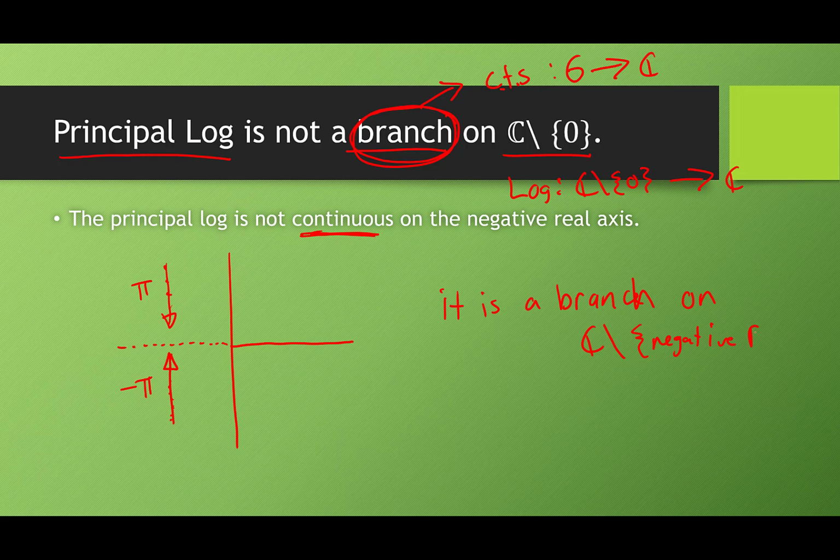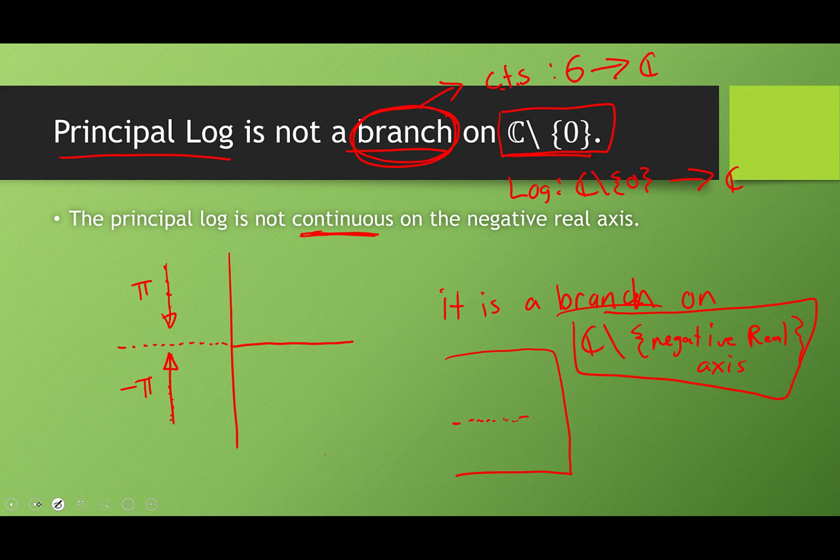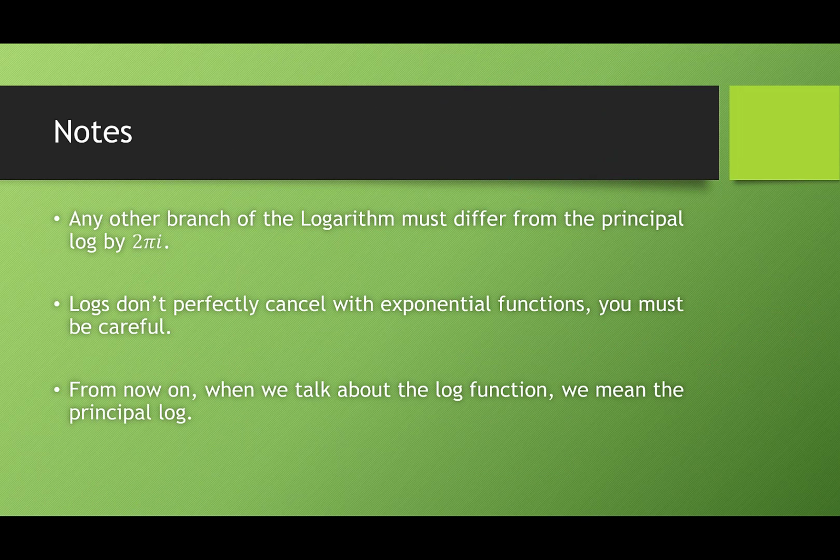Okay, so our principal log, not a branch on its full domain, but if we restrict its domain to C less the negative real axis, then we don't run into this issue where we have arguments going to pi and arguments going to negative pi. We get rid of this. And so it's actually a branch on, kind of like what I drew before, all of C except for the negative real axis here. Okay. Kind of cool. So a couple of notes on the logarithm.